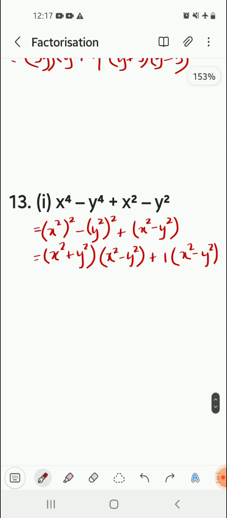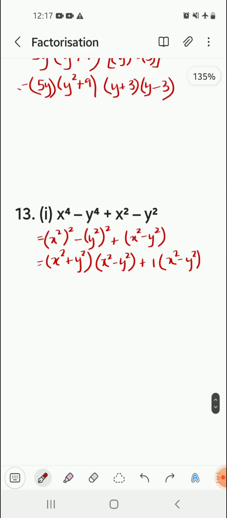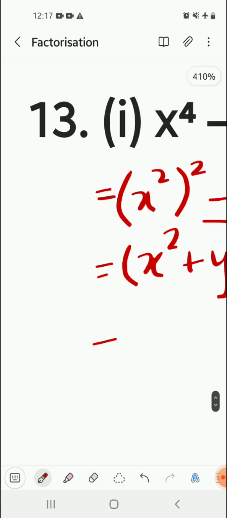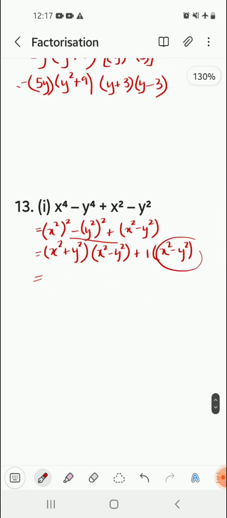So once we have done with it, now see, the common factor here is x square minus y square and again x square minus y square.